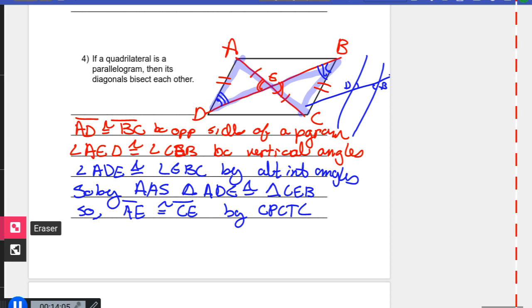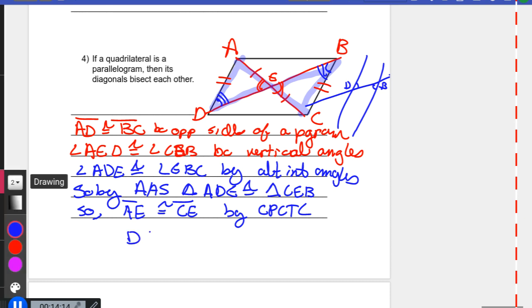So again, by CPCTC, AE is EC, but also DE and BE are congruent. Okay. So just by getting those two triangles to be congruent to each other, we were able to pull out both sets of diagonals and say that they had to be congruent to each other.